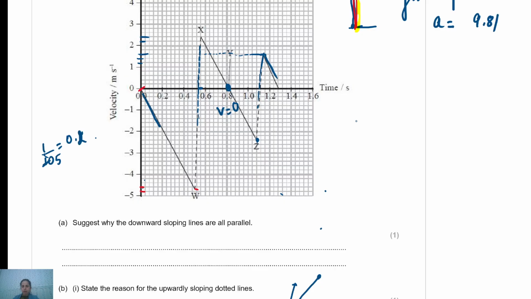So this is 2.4 squared divided by 2 times 9.81 s.